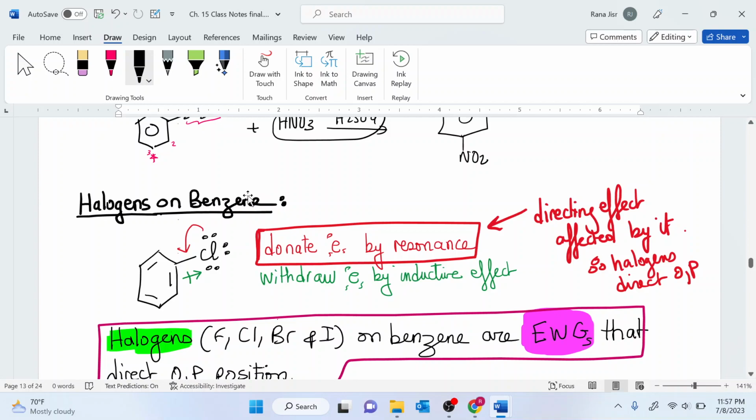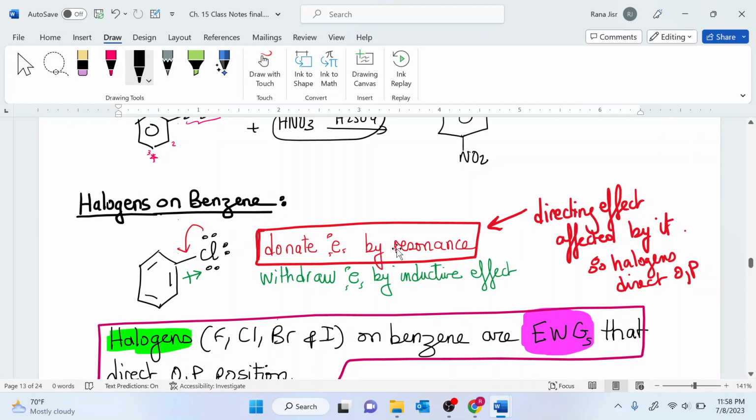Now, for the case of halogens on the benzene, halogens have lone pairs and they are electronegative. So because they have lone pairs, they can donate electrons by resonance to the benzene. And because they are electronegative, they can withdraw electrons away from the benzene. So they do a double job in there.